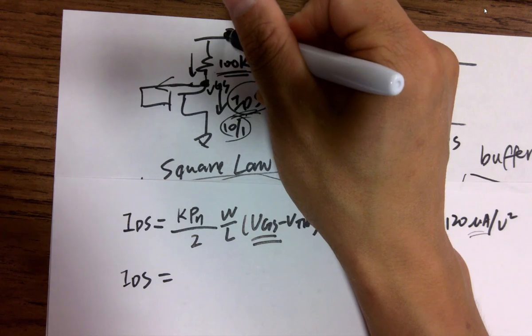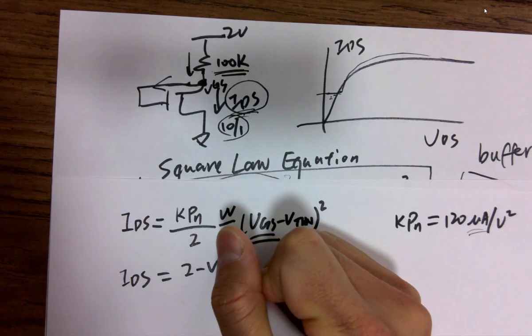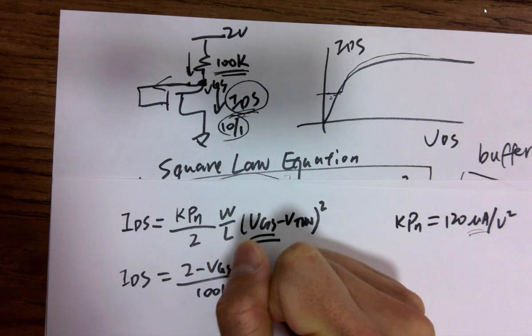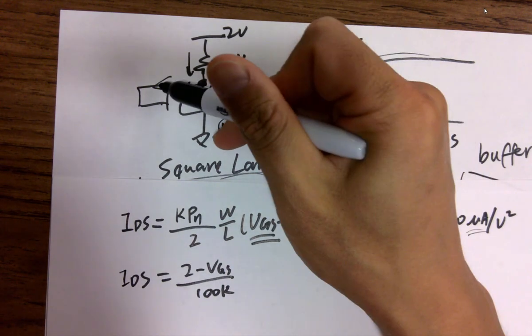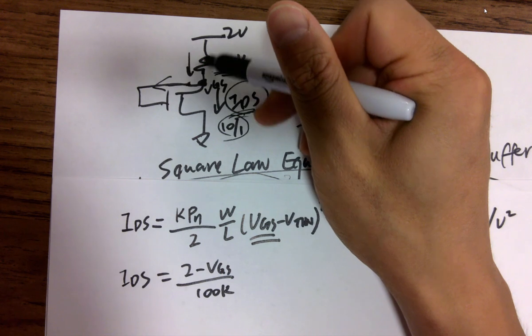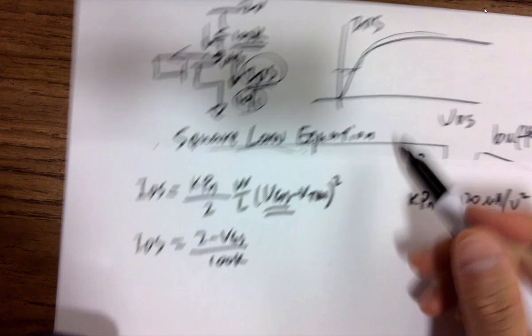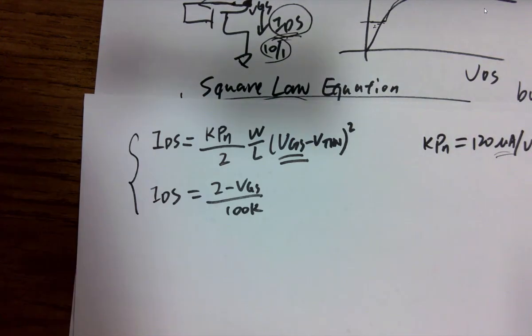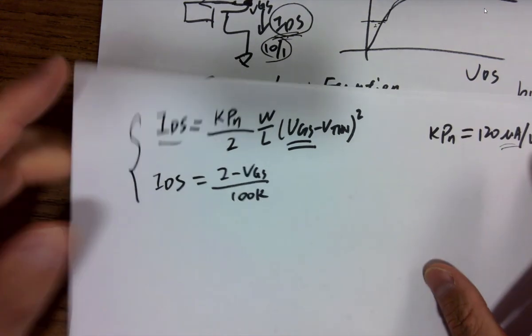What's the current? It's 2 minus VGS over 100K. And that's going to be IDS, because no current can get into this node. So the total current from here will be the same current flowing through the channel of the transistor. They're both IDS. And you have two equations, two variables: IDS and VGS. So you can find the answer.